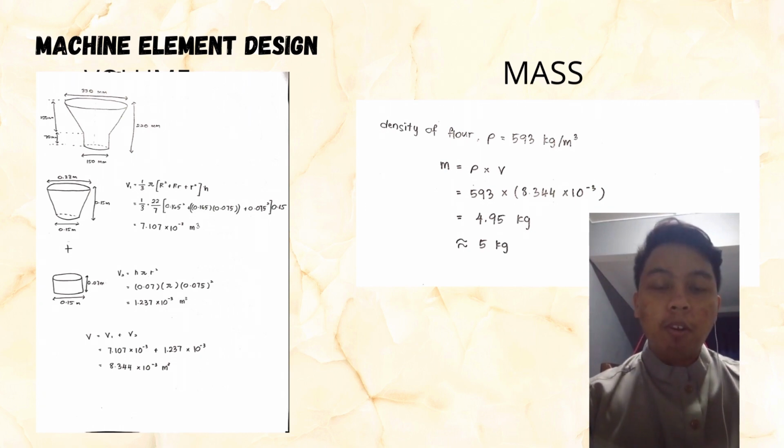For the density of flour, we know that it is 593 kg per meter cube. So, to calculate mass, we multiply the density of the flour and the volume of the flour loaf, and we get a total of 4.93 kg of flour. So we assume that around 5 kg can fit in our machine.